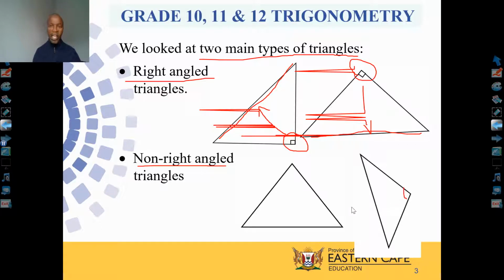But I don't want to go there, I just want you to understand that this is a non-right-angled triangle. In other words, there is no angle which is 90 degrees. Right-angled triangle, one of the angles is 90 degrees. Non-right-angled triangle, none of the angles is 90 degrees, right?